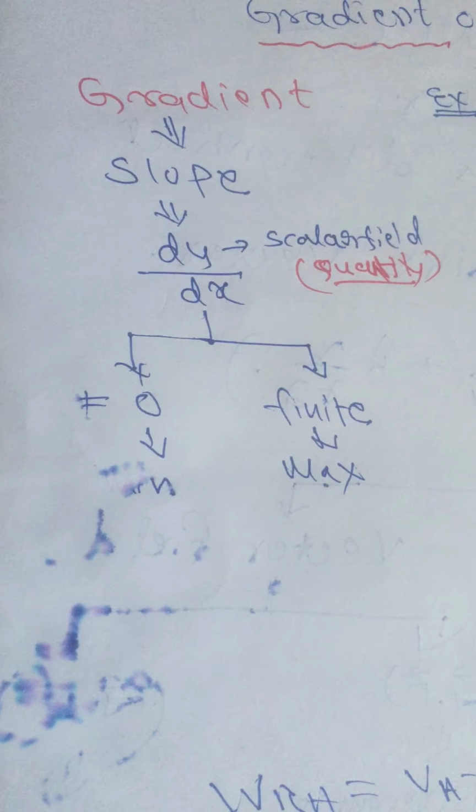In my last video lecture, we discussed vector calculus, that is the del operator, and del is a differential operator. It behaves as a vector, and this del operates on scalar quantities and also vector quantities.